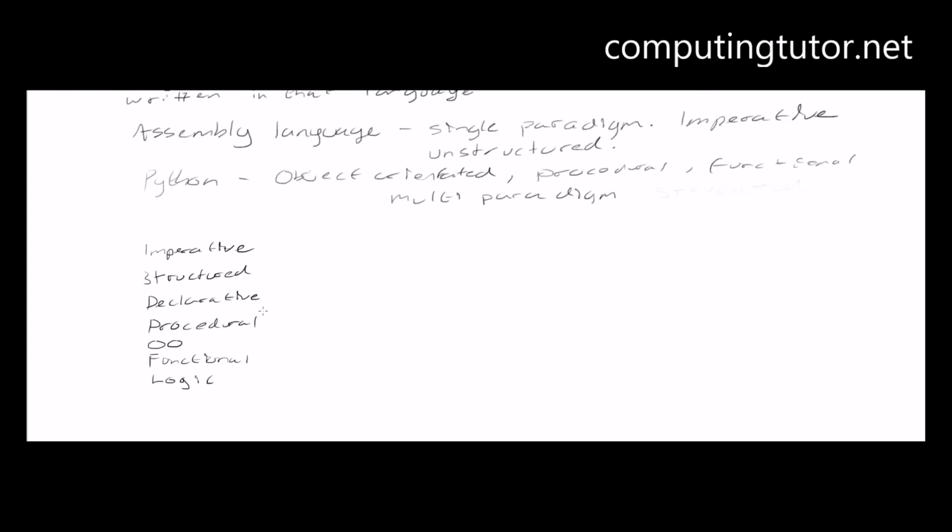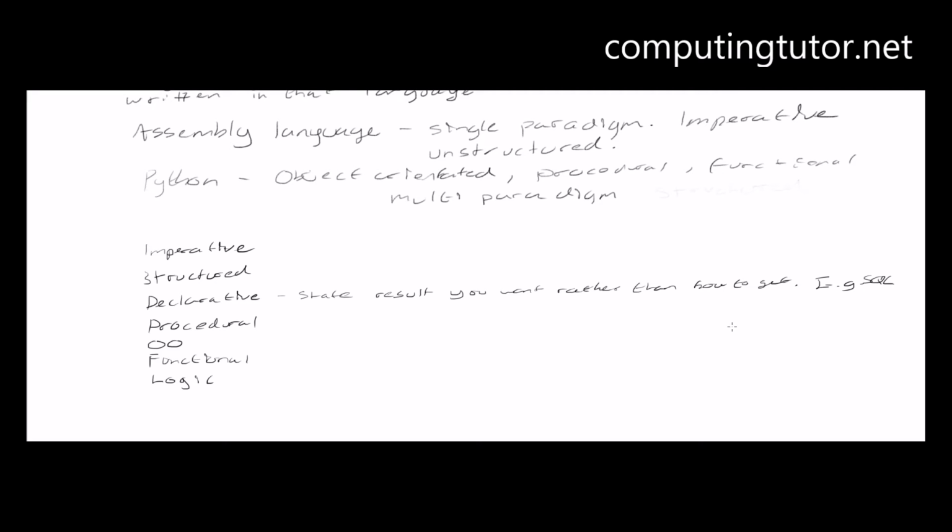Declarative, then. What have we got with declarative? Well, declarative is a way of writing programs where you state the result that you want to get rather than how to get it. So an example of this might be SQL, and SQL is an example of a declarative language, because when we're writing SQL queries on a database, we can say something like select all from this table, and that's not actually describing how the computer is going to get that data to display it to you from the database.